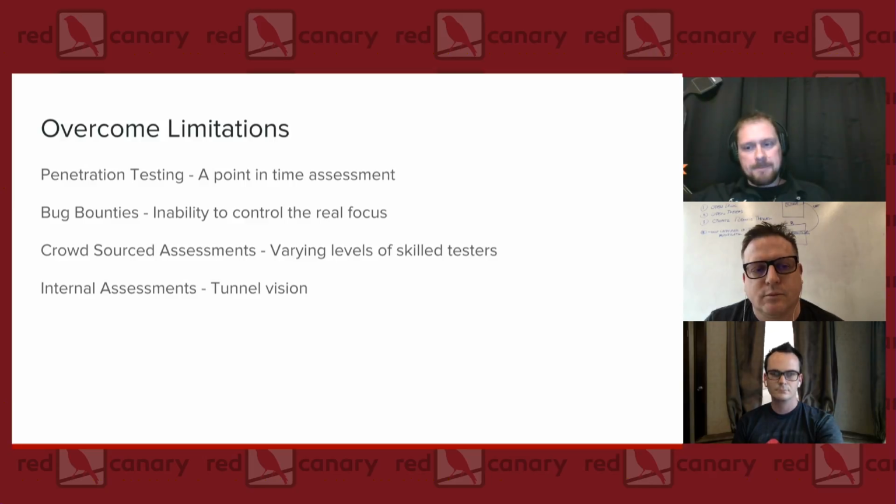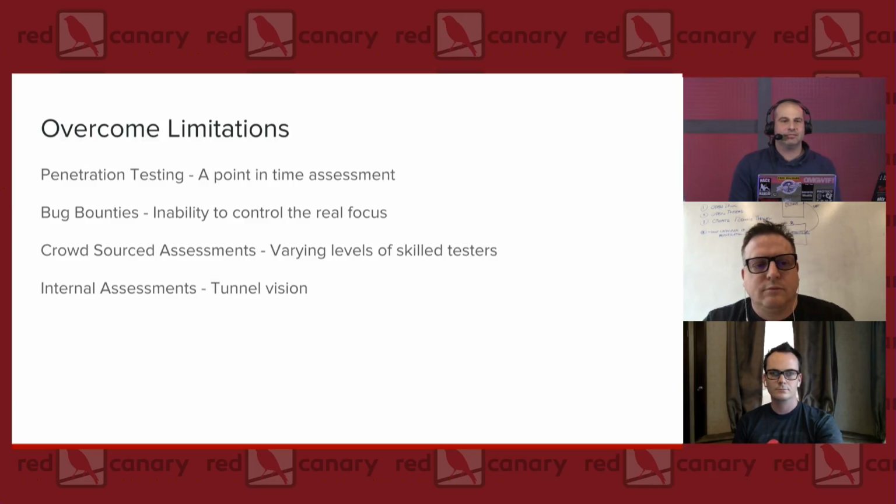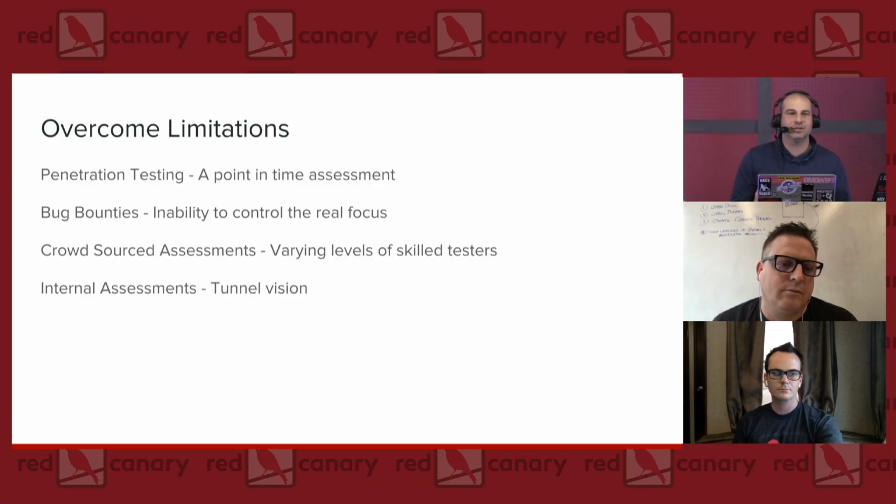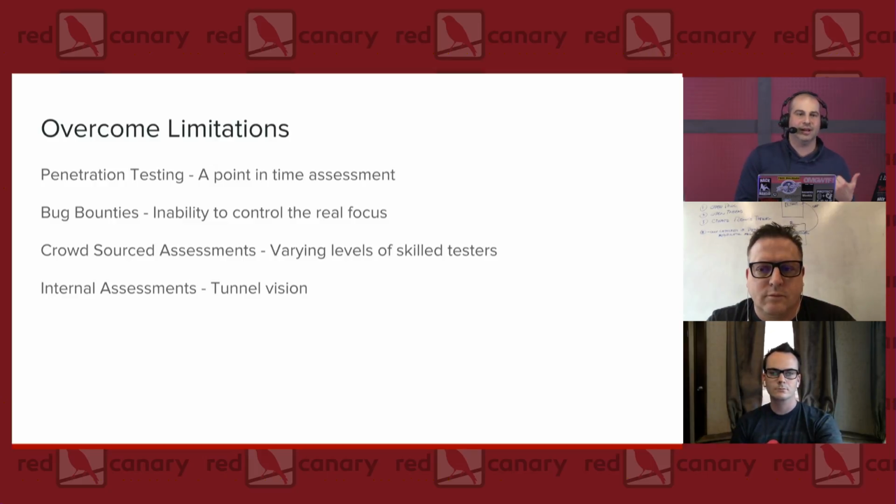So I also came up with these limitations, John, and I put this in here so that it could spark some debate. If you try to solve this problem with some of the other options available on the market today, you struggle to overcome some of the limitations. If the goal is to test my security solutions, penetration testing is a point-in-time assessment.